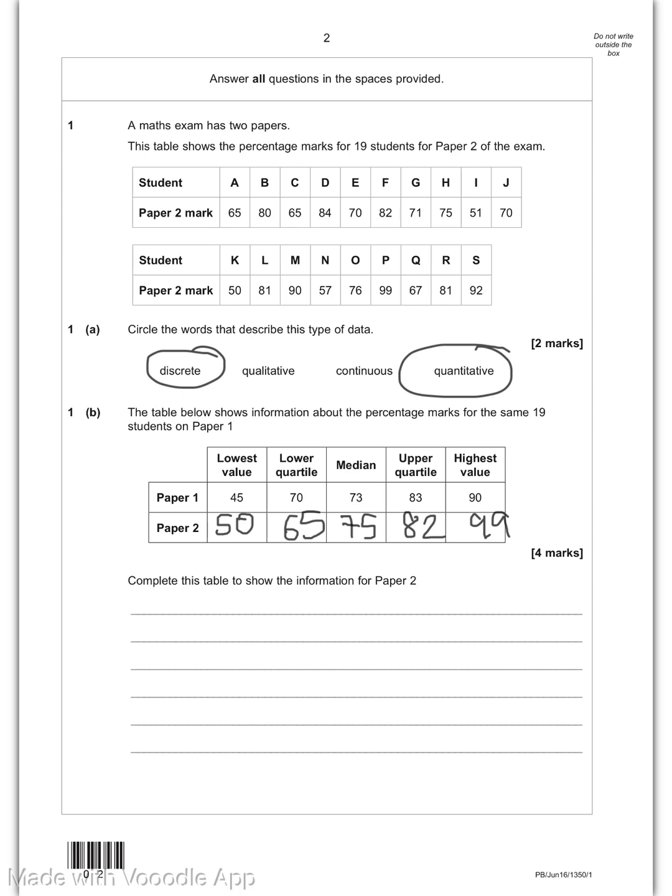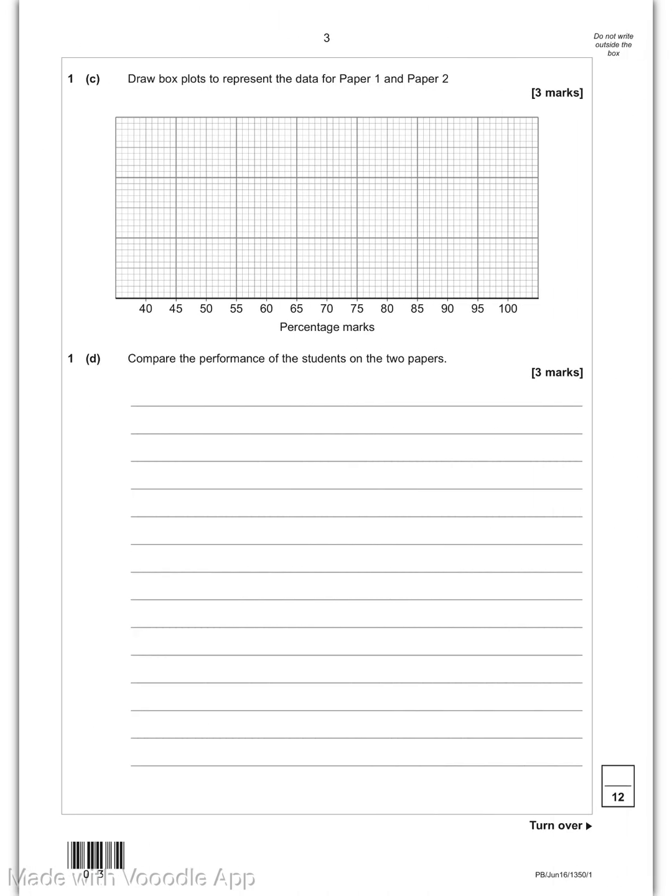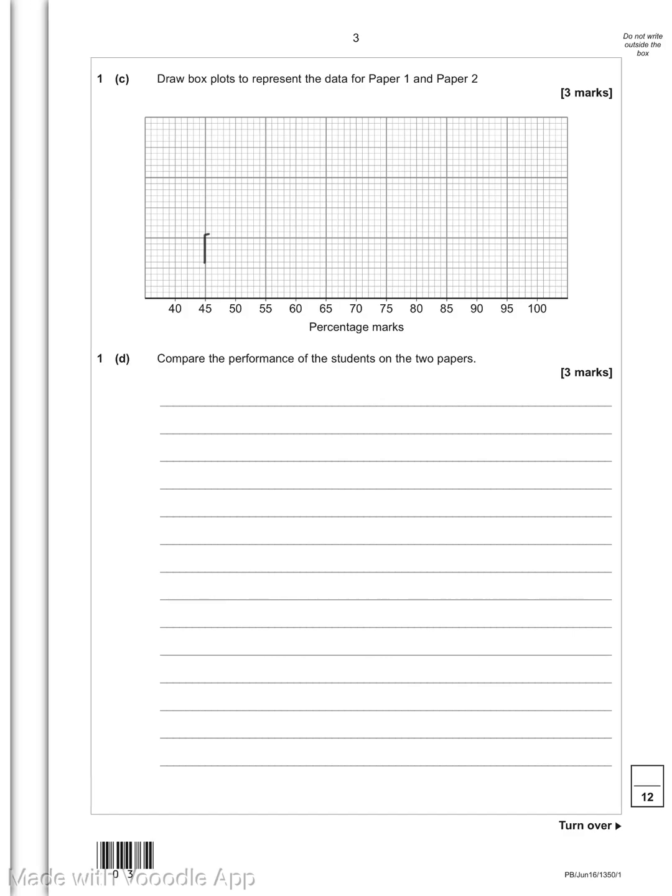So 45, 70, 73, 83, 90. Alright, so I'm going to draw for paper 1 first. You should use a ruler for this, but it's kind of hard to do on the screen, so I'm not using a ruler.